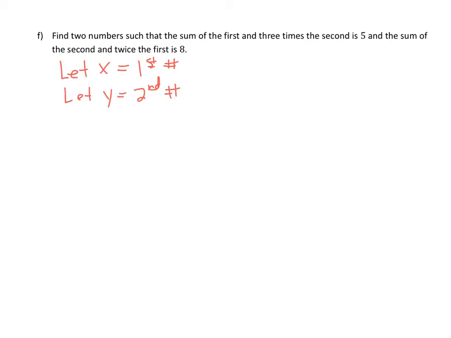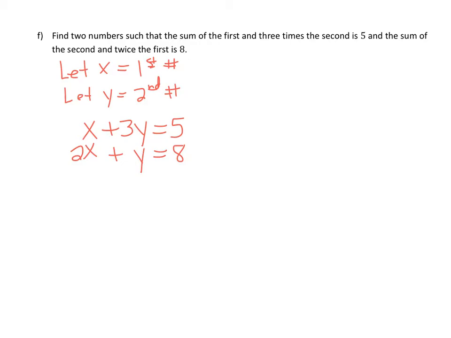Okay, so the sum of the first and 3 times the second is 5. That's one equation. And the sum of the second, which I'm going to line up here, and twice the first is 8. We have just written a system of equations, so now let's solve.